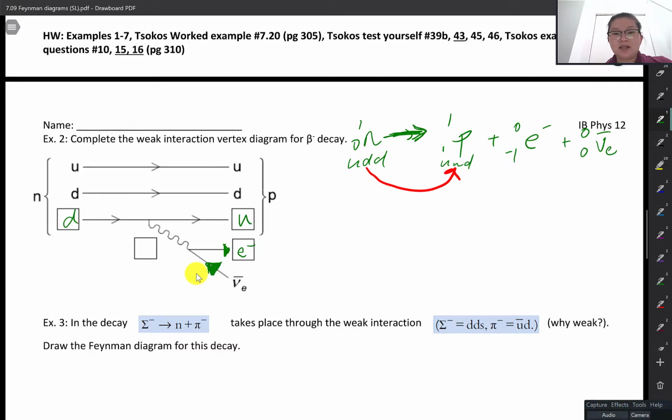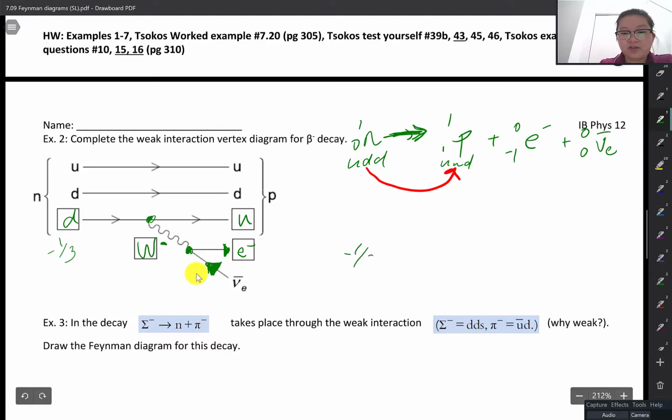Last but not least, we need to figure out what boson is involved in this decay. We know that at this vertex, moving forward, we're going to get a -1 charge plus 0. So this mediating boson coming in has to be W minus. A down quark has a -1/3, so we're going to do the check for conservation of charge at that point.